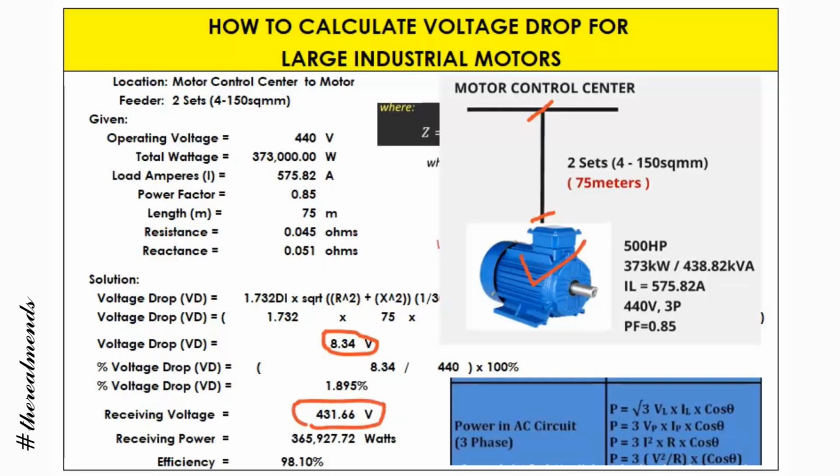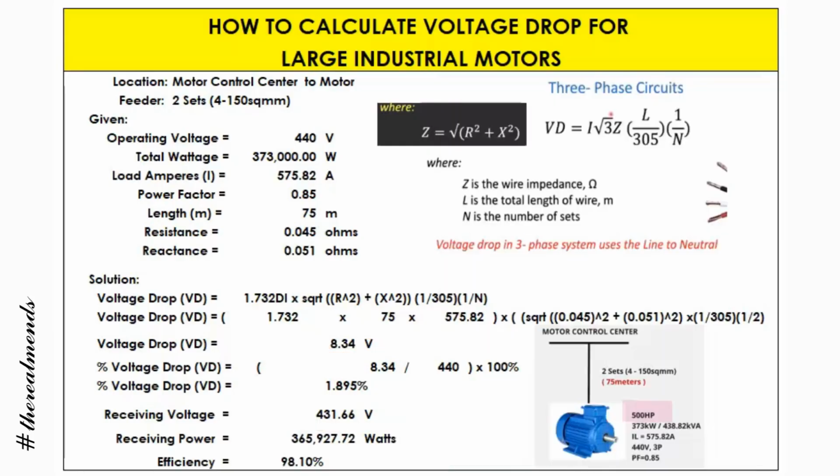So hindi na purely 440 volts. But ito namang ating loads is meron naman siyang range na mag-operate with that specific voltage. But dapat pasok din siya dun sa mismong range ng voltage drop. Okay, so therefore for this calculation, our motors can work properly.